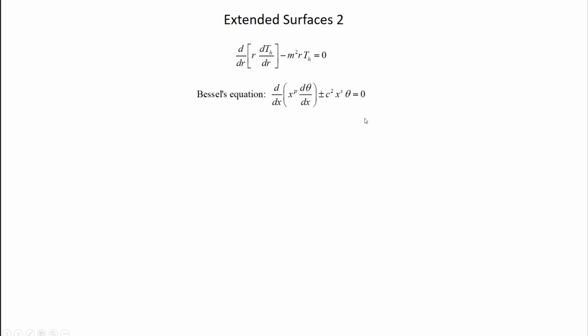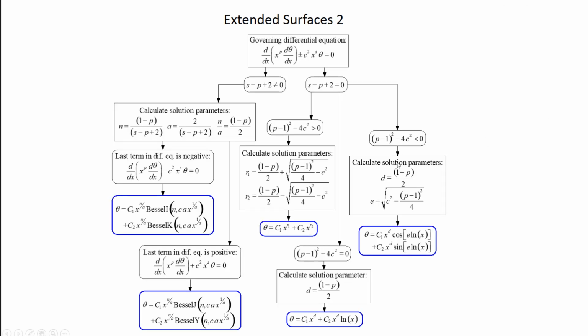And there's a very logical set of steps that you go through to find the solution to Bessel's equation, right? So as soon as I recognize that this is a form of Bessel's equation, I just have to sort of turn the crank in order to find the solution, right? And here's the flow chart that you go through to find a solution to Bessel's equation.